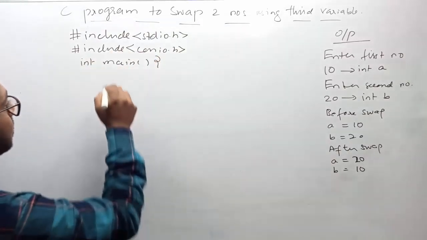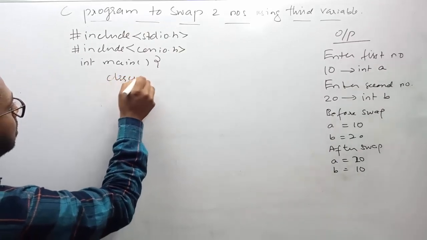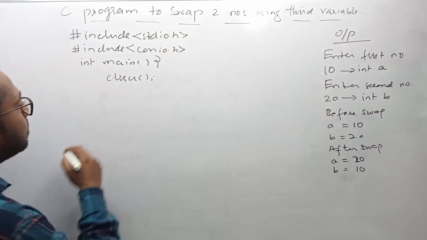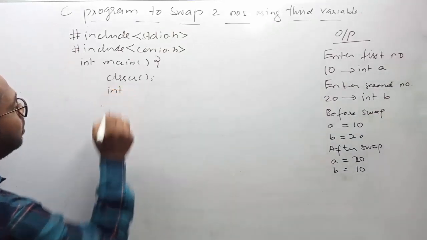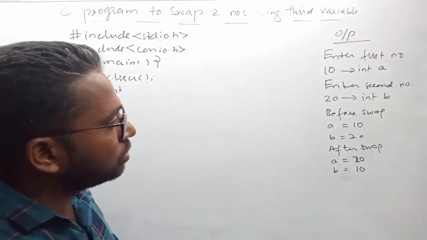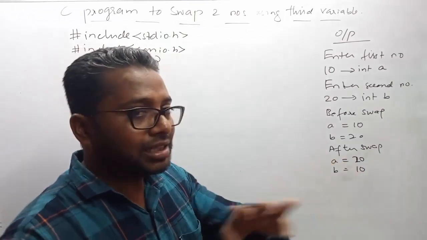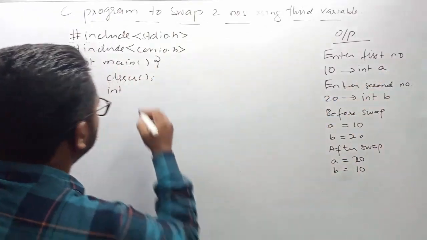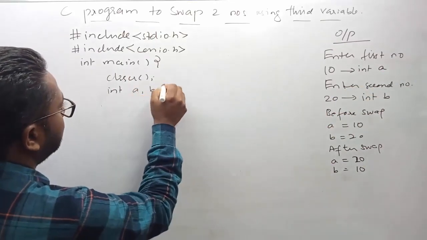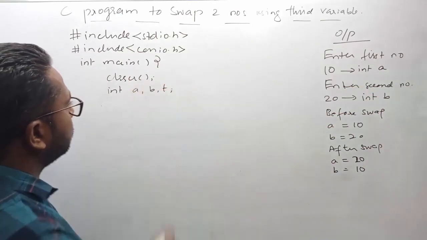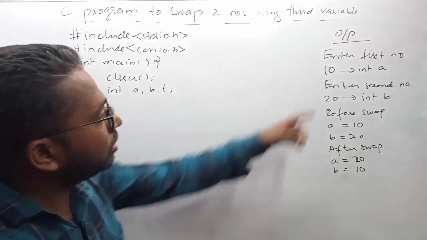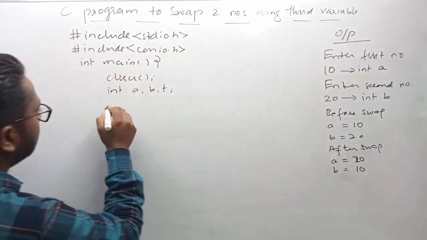Then we will start the main function, open curly braces. Then I will use the clear screen function to clear the output of the previous execution, and now I need to declare the variables. As you already know, I'm using three variables in this program, which are A, B and T. All three of these variables are of type integer. Now I need to display a message to the user.